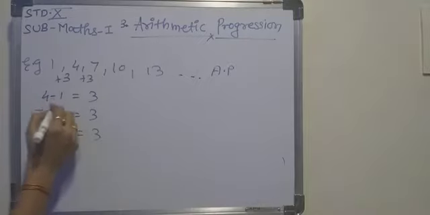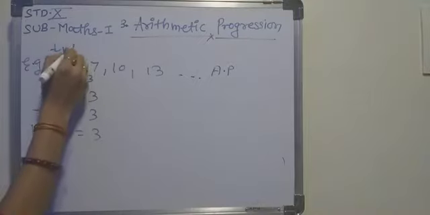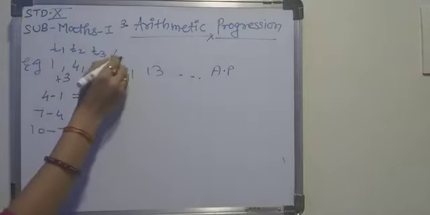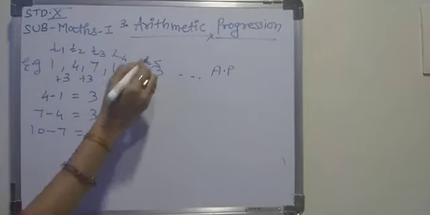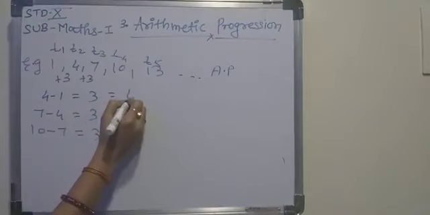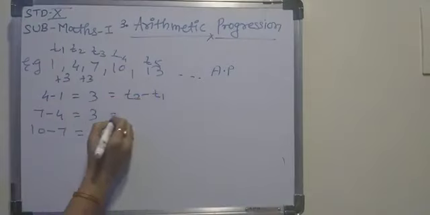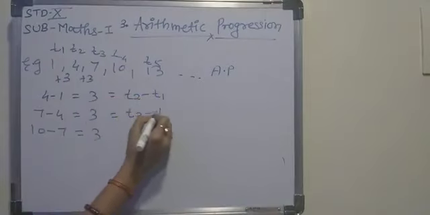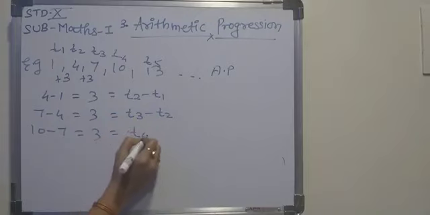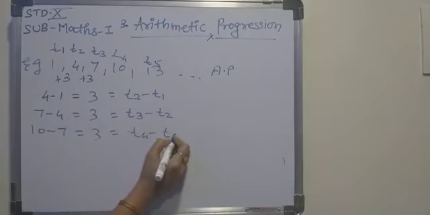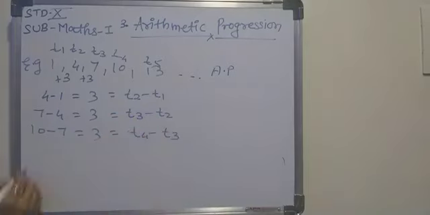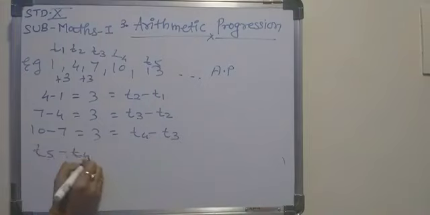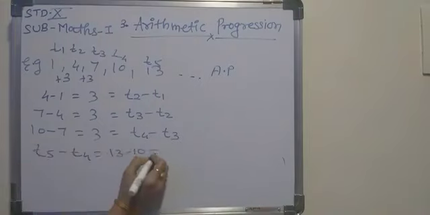This is nothing but your T1, T2, T3, T4, T5. So this is your T2 minus T1, this is your T3 minus T2, and this is your T4 minus T3. And T5 minus T4 is 13 minus 10, which is equal to 3.